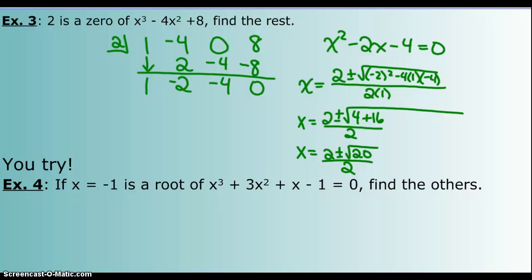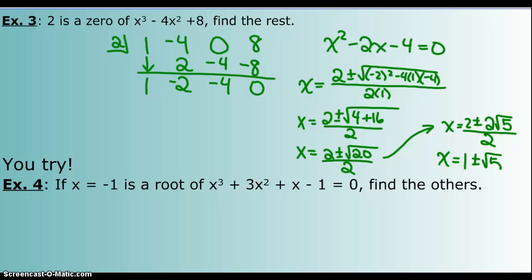We, of course, want to be fancy, and we're going to simplify that radical. So I will get 2 plus or minus, it breaks into 5 and 4, square root of 4. So 2 radical 5. I can GCF there, and I'll get 1 plus or minus radical 5.